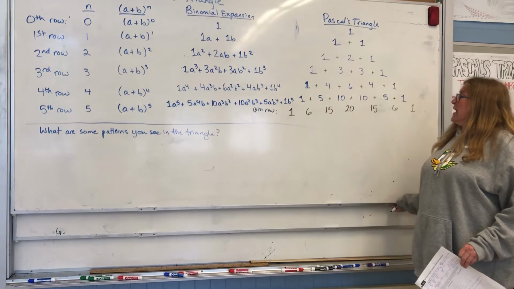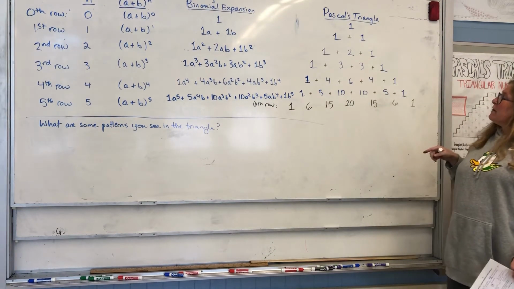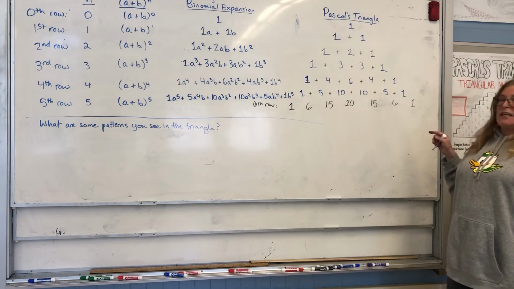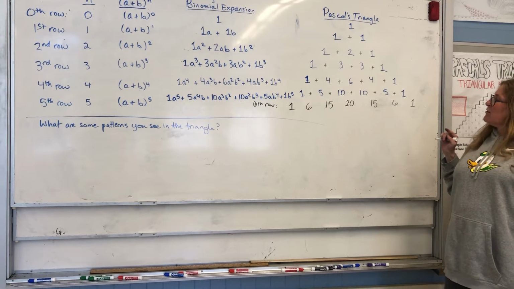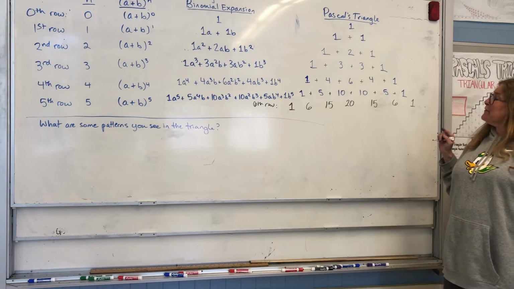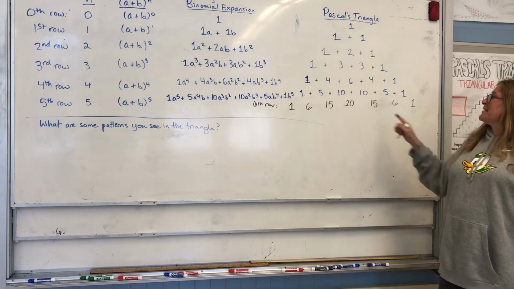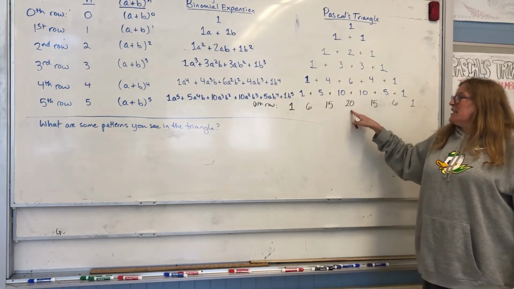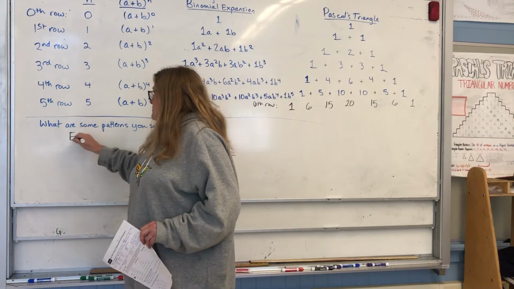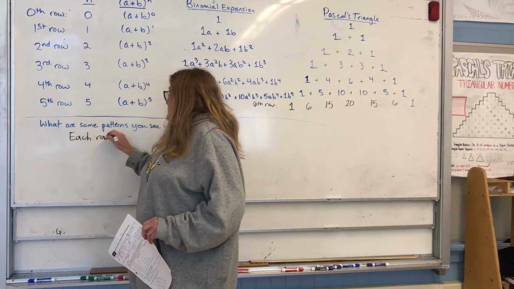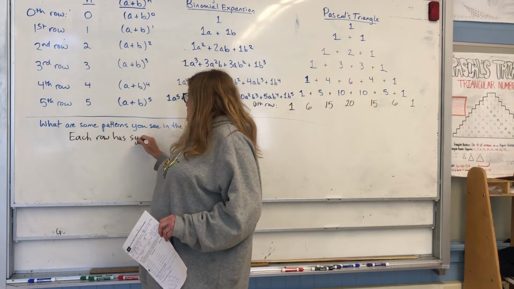Well, one pattern we just saw right here, right? If I add the 2 outer numbers, the sum is the number right below it. What else do you guys notice? Well, you might notice that each row has symmetry. Right, which is kind of cool.